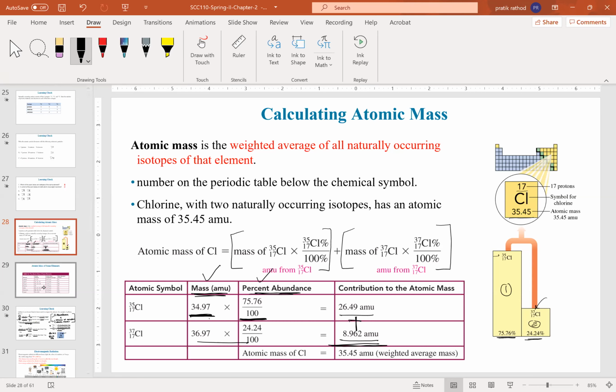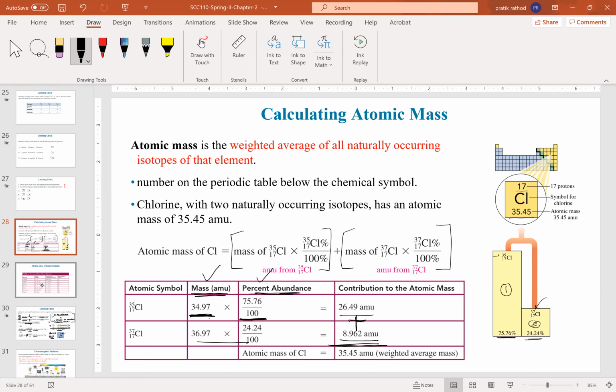Yes, Professor. The average is always when we add the two and then we divide them by 2. That will be the average, right? Okay, not in this case. When I say average, it means you're just adding them up in this case. Oh, you're not dividing them. Average means you're considering the weight, the contribution from each isotope, and you are putting it together.